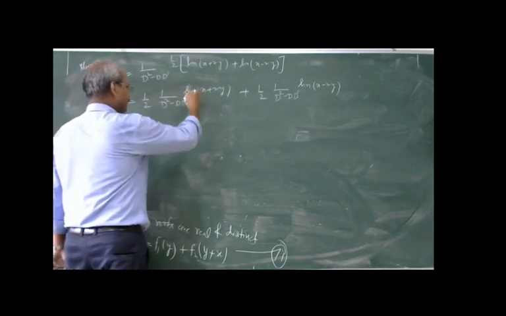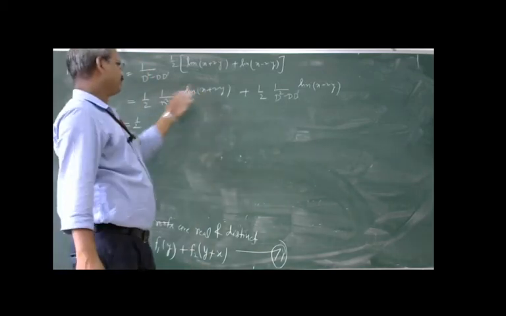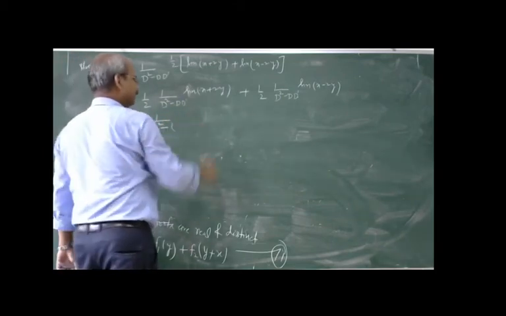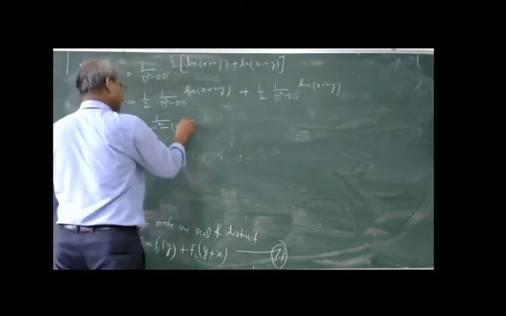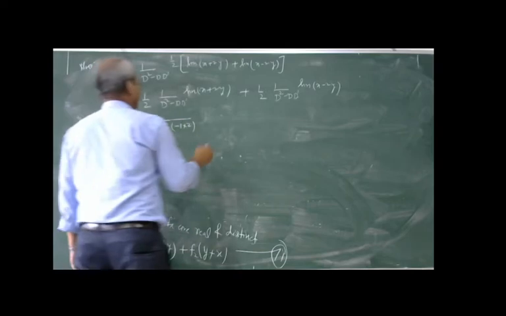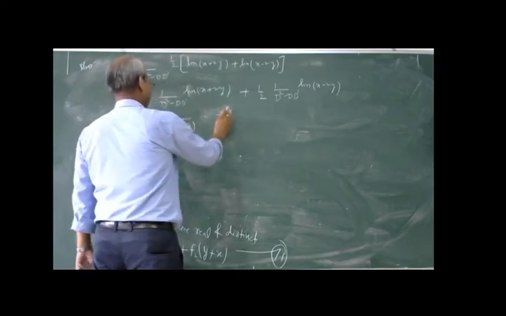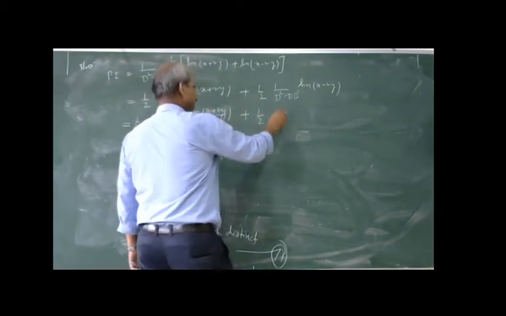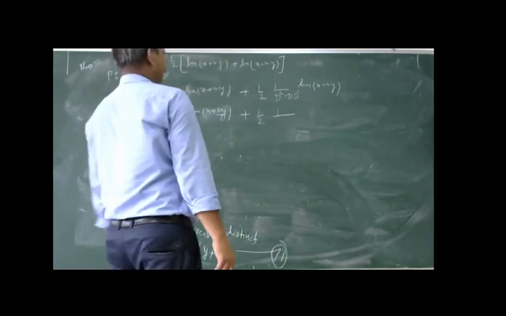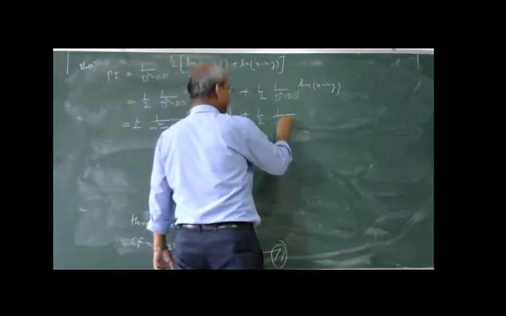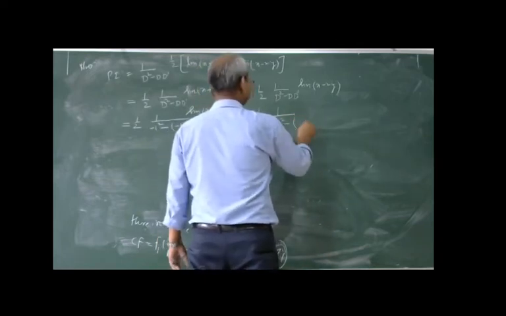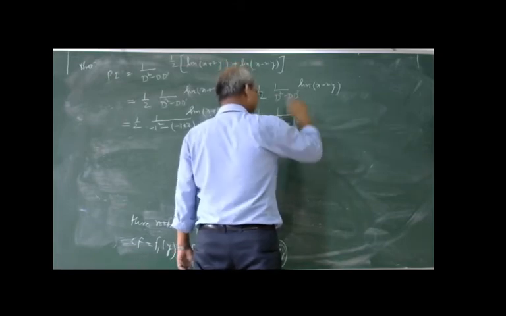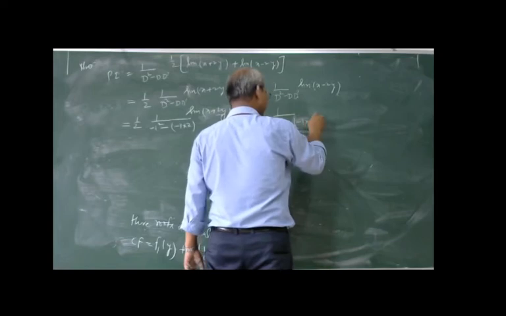The coefficient of x is a, here the coefficient of x is 1, so D square is replaced by minus 1 square minus, and D dash is replaced by minus ab, so minus 1 into, write down, x plus 2y, again 1 by 2, here minus 1 square minus, again this is minus 1, this is minus ab, the value of a is 1 and the value of b is minus 2.